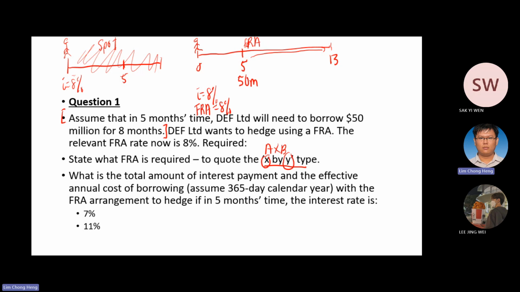X is when you will start to borrow the loan, within the 5-month time, so it's 5. Y is when you will pay back everything, so it's 13. So the quotation will be 5 times 13. Simple, huh?